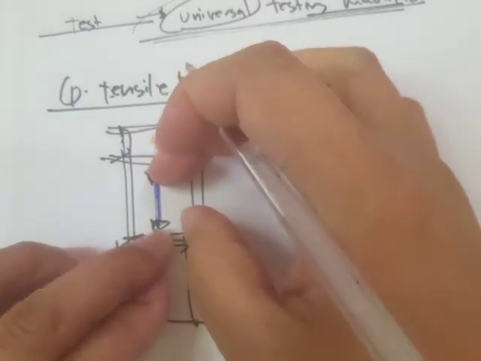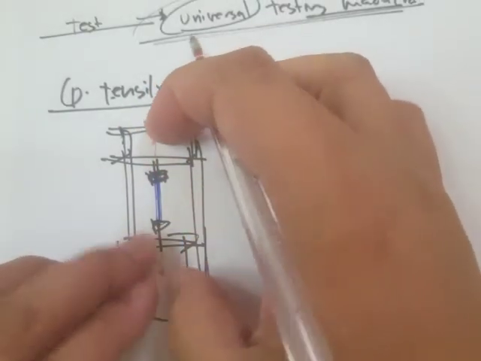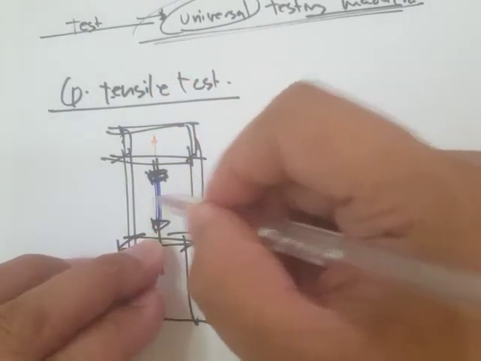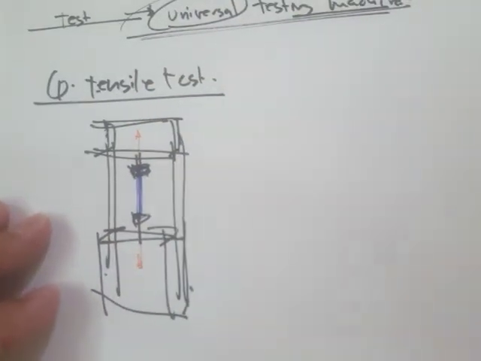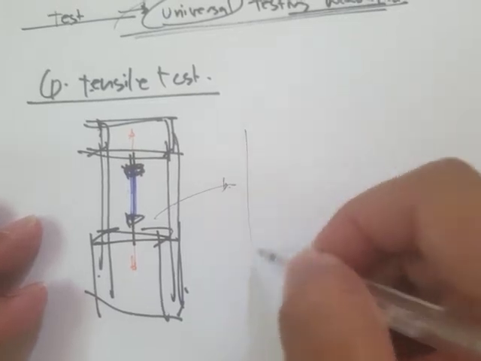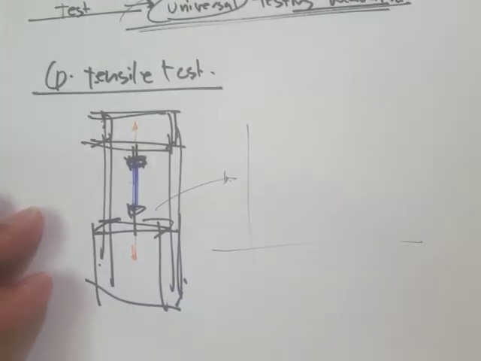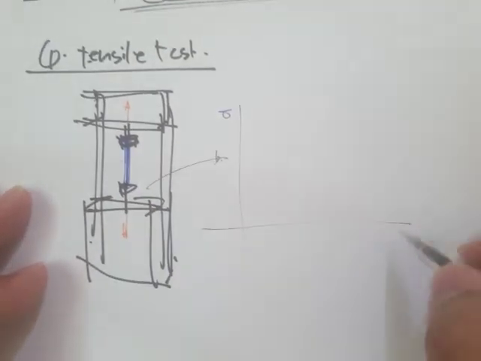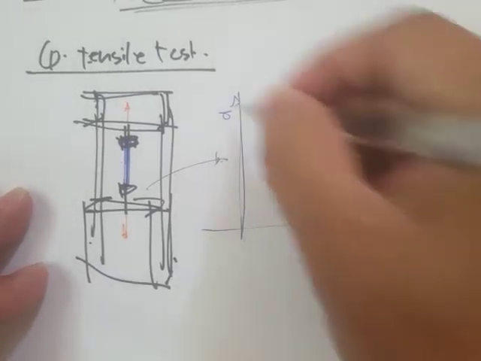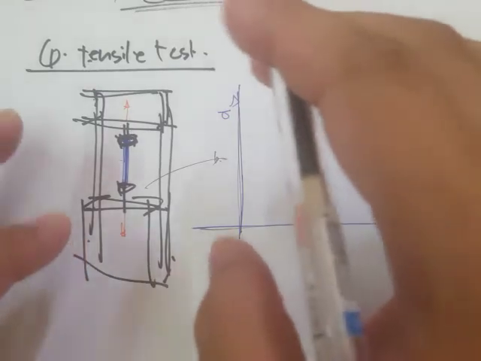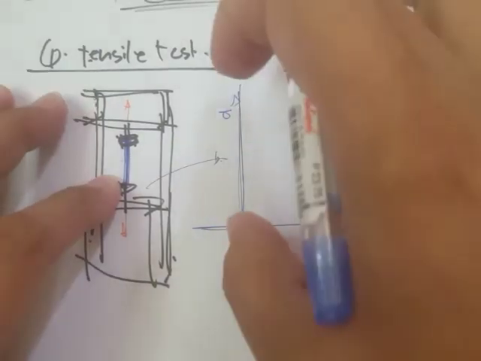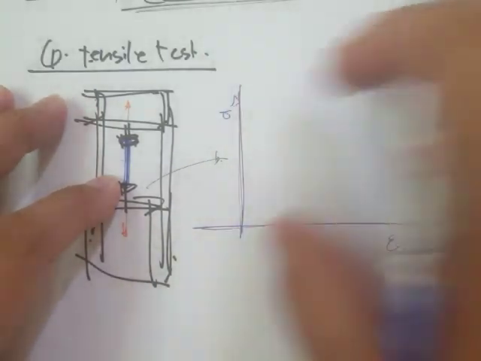Because of the applied force, there's going to be some breaking point, and it is translated to a plot called the stress strain curve. Different materials will have different stress strain curves.